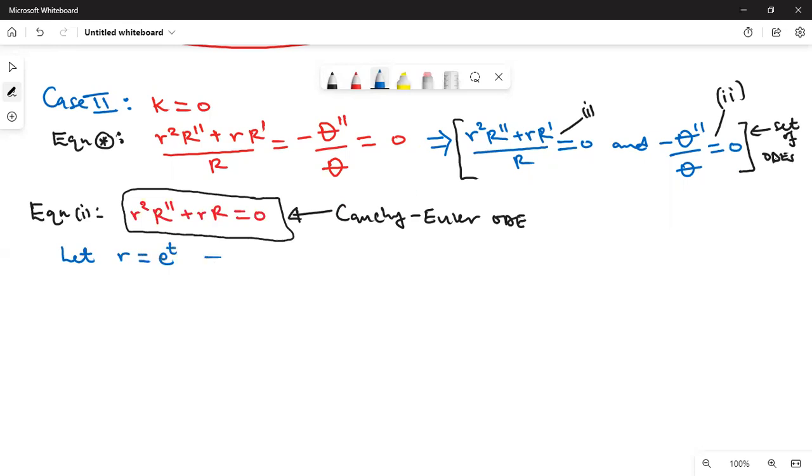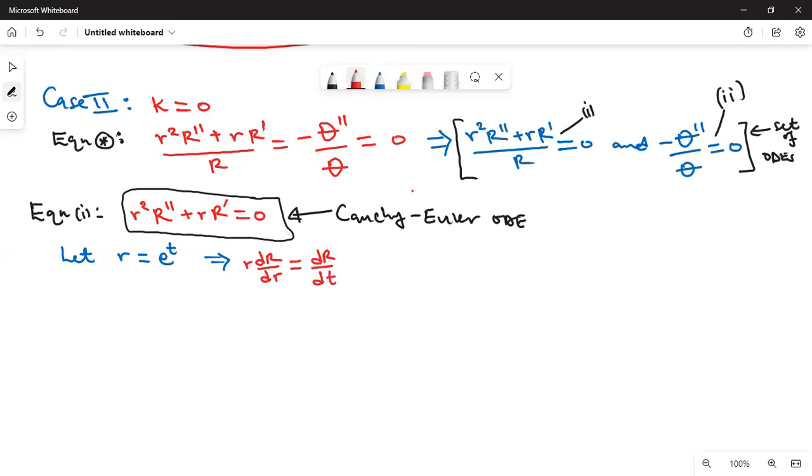With this substitution, where we have r, that will now give us dr over dt.